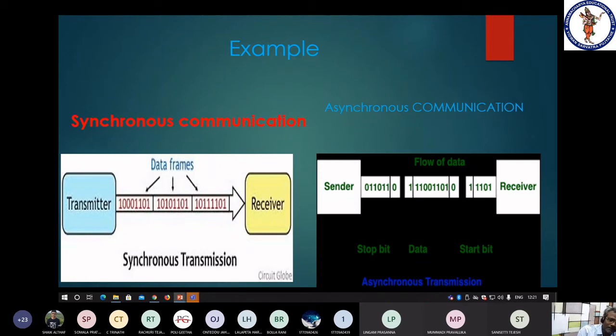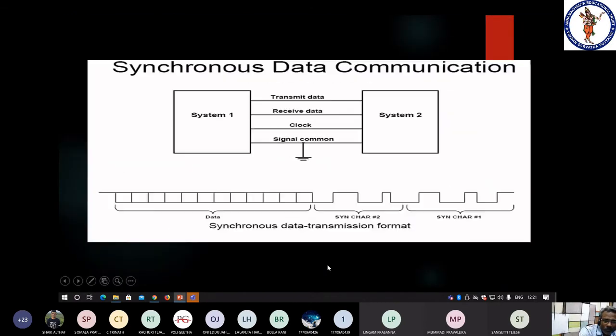If the receiver is 16 bit, we can connect 16 signal lines. So n signal lines are there, where n is the size of the data in bits. So that is the basic idea about synchronous data communication.